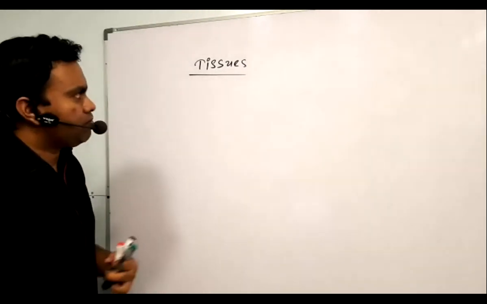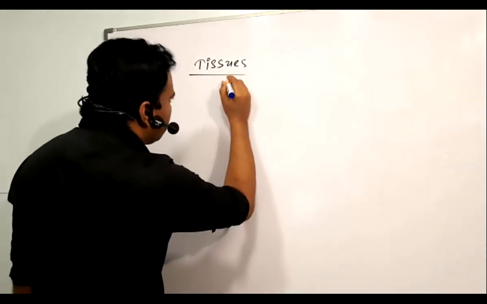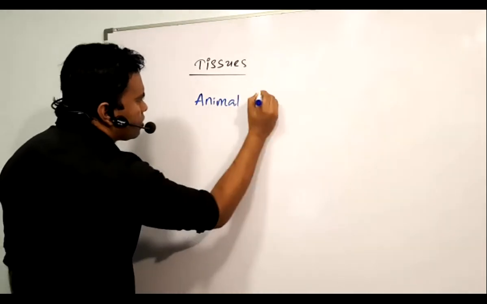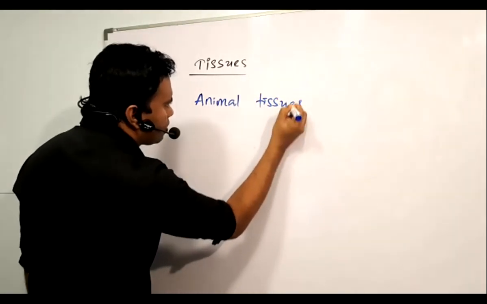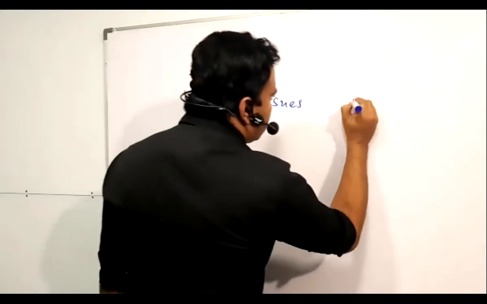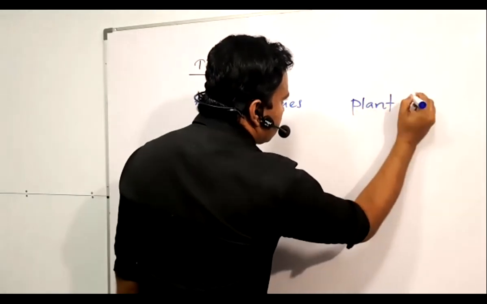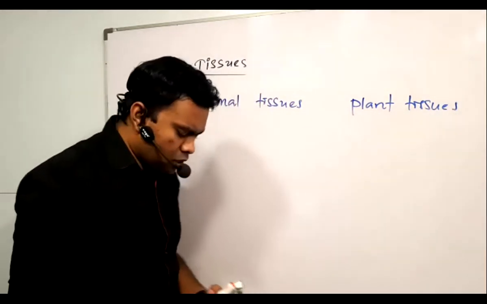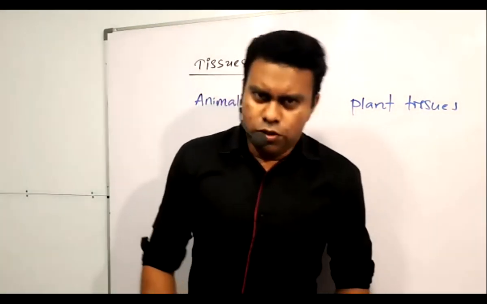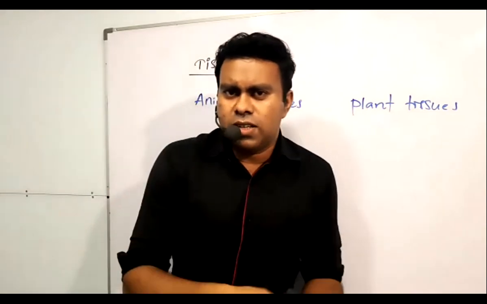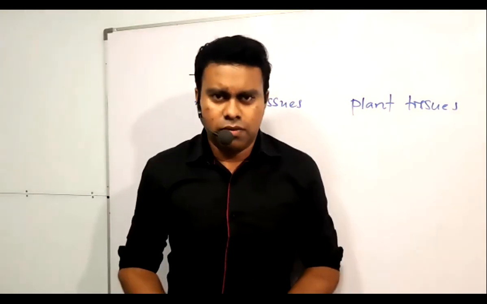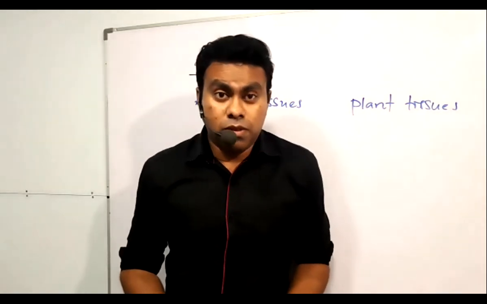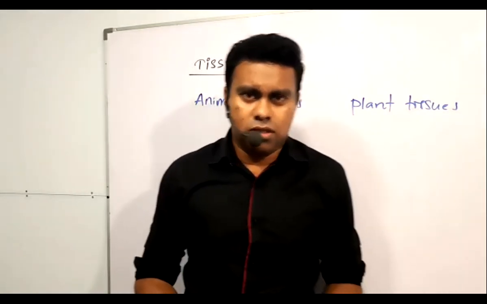Okay. So tissues, we learn animal tissues as well as plant tissues. Tissues are the collection of cells, or group of cells, with the common origin and specified to perform a certain function or functions.